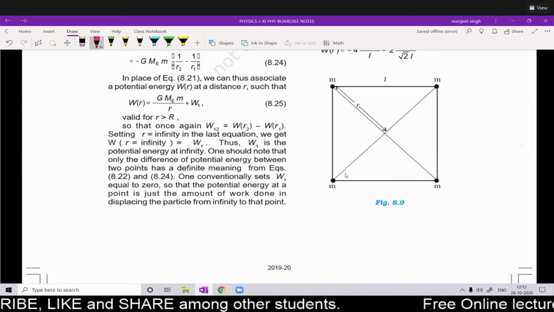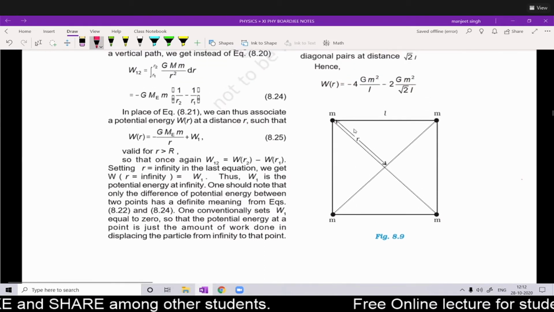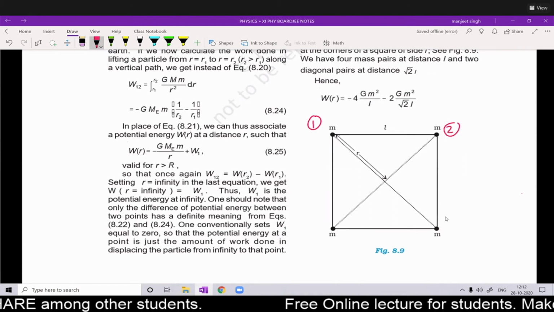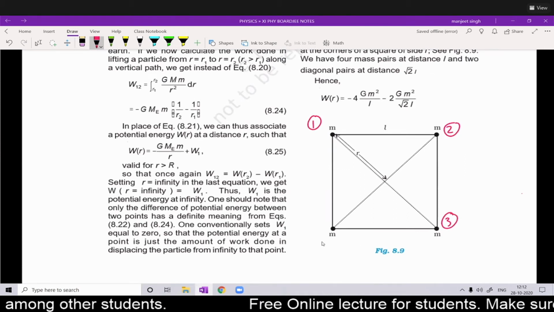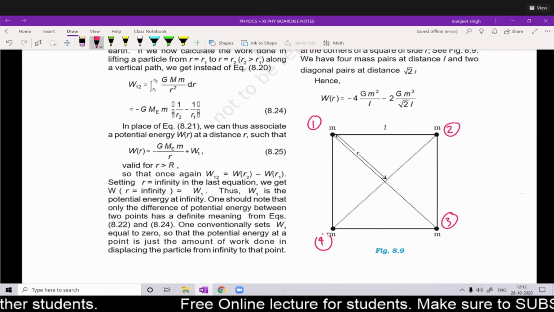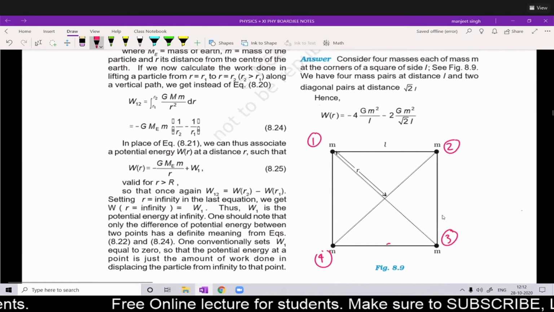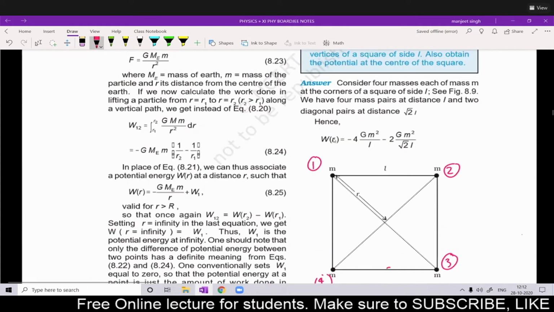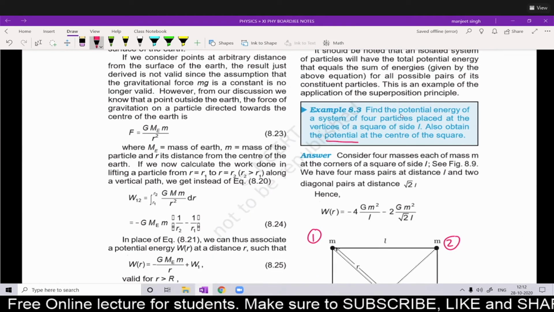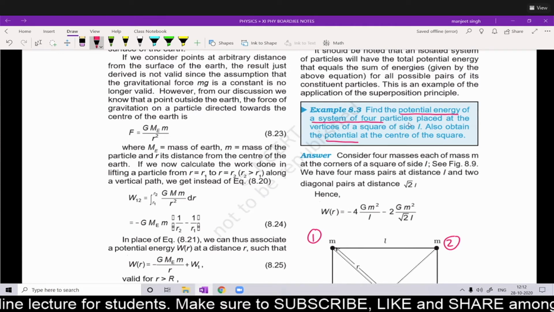These diagonals are shown. So let us name the points 1, 2, 3, and 4. Suppose we are making an arrangement of these four particles on the vertices of the square, then how do we calculate the total potential energy? That is the question. First of all we have to calculate the potential energy of the system of four particles.